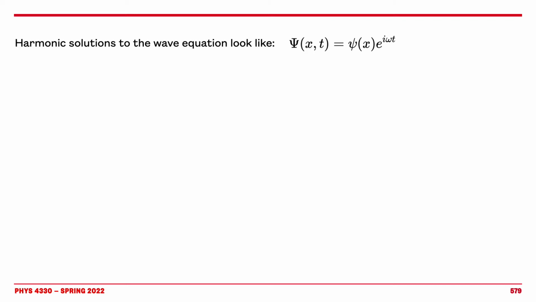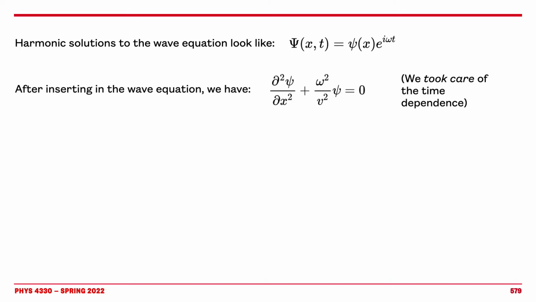So we solved this, and if we insert this equation directly in the wave equation from the previous slide, we obtain this equation here. And of course, since we assume the time part of the function to be e to the power i omega t, we essentially solve the equation for time, and we end up with an equation that just depends on the position. So the last equation we have on this slide only has a position dependence, because we took care of the time.